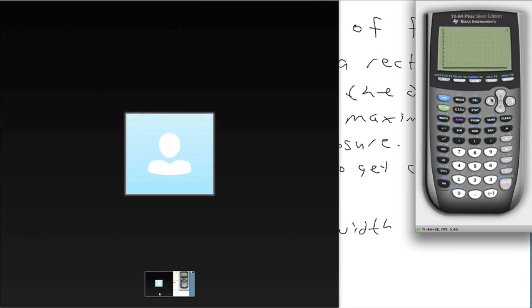It does. Now I can trace over to 700 divided by 3. It's hard for me. I'm looking for absolute max here. I need to zoom out a little bit more.